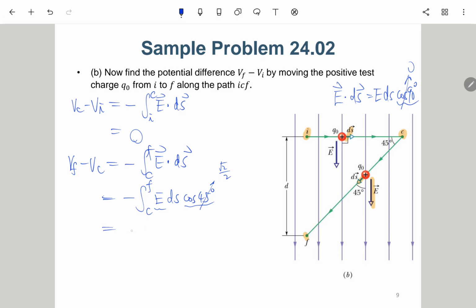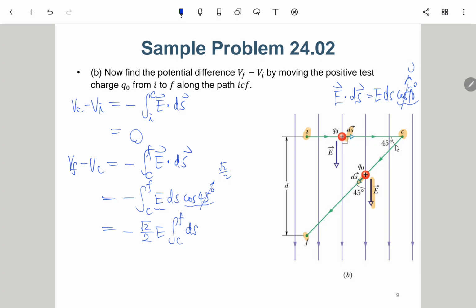It is negative square root of 2 over 2 times E, times the integration of ds from C to F, which is nothing but the length of the line.